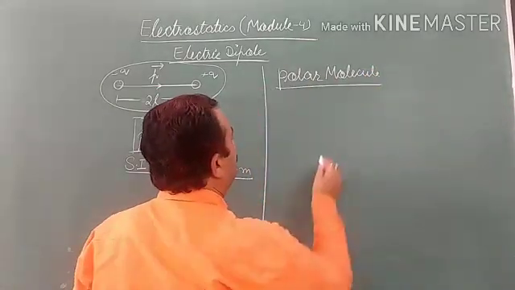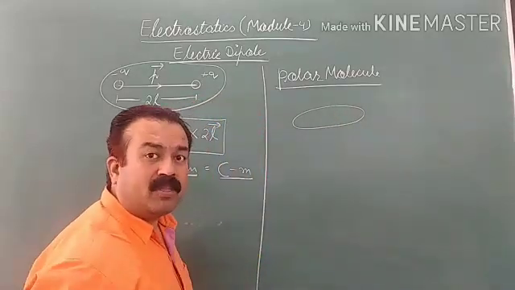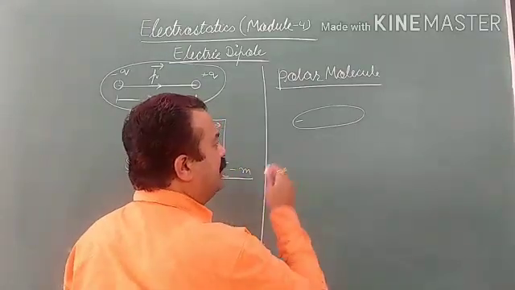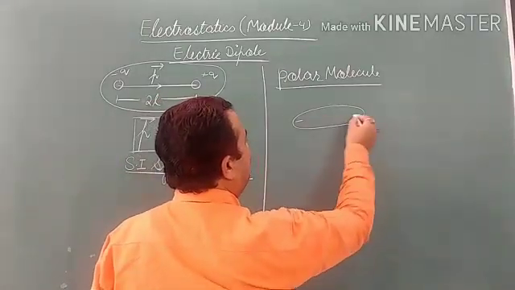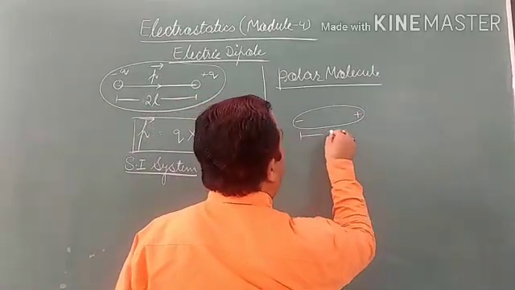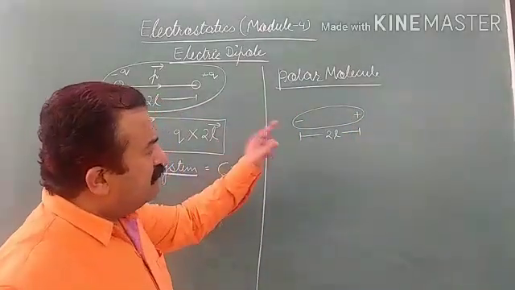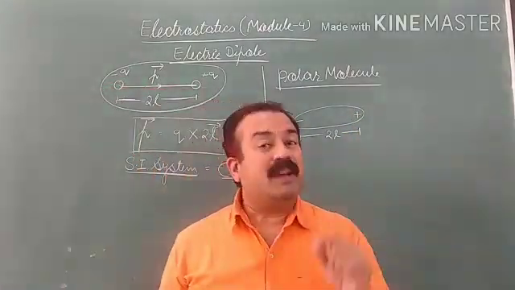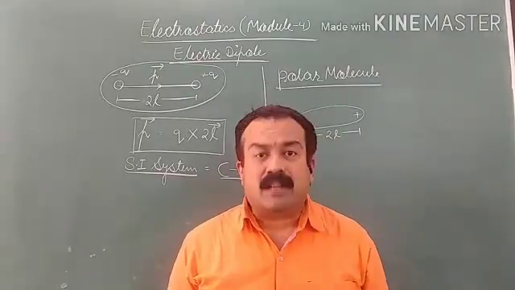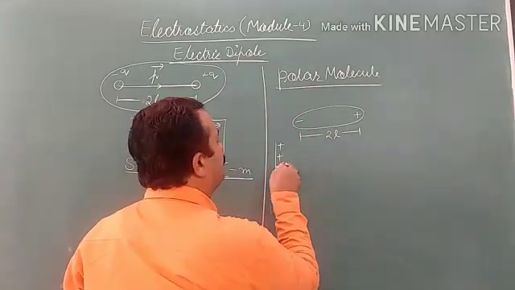If we have any molecule in this manner, where the negative charge is on one side and the positive charge is on the other side, with some distance between them, and we place this type of molecule inside a strong electric field, then what will happen, beta?